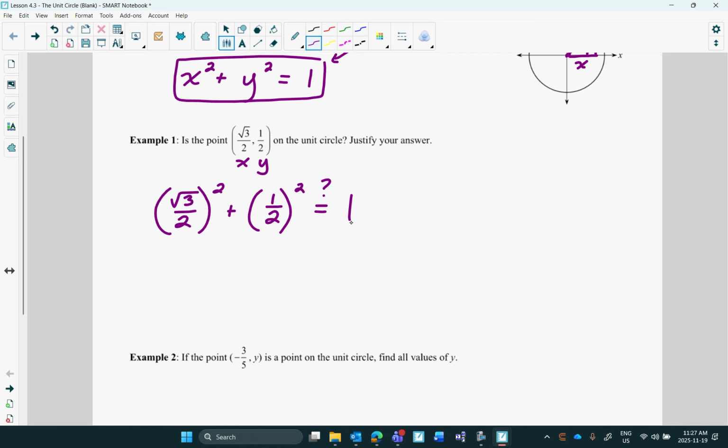If it doesn't, it's not. So what's root 3 over 2 squared? 3 over 4. What's 1/2 squared? 1 over 4. Does 3 over 4 plus 1 over 4 equal 1? Sure does. So it's on the unit circle. It's pretty straightforward to test whether a point's on the unit circle or not.